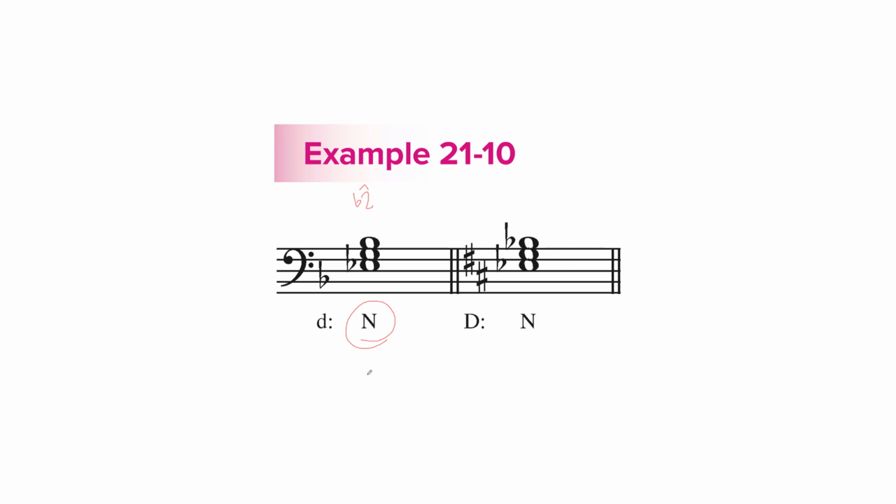If it is in the first inversion, then we use the inversion symbol. If it is in the second inversion, which is very, very rare, then we use the corresponding inversion symbol.